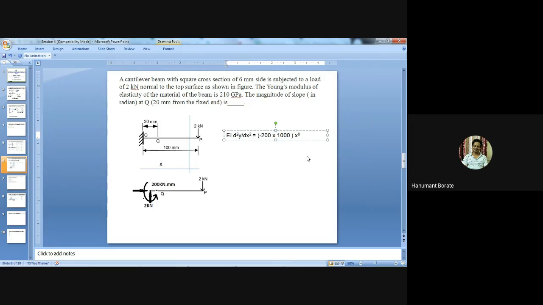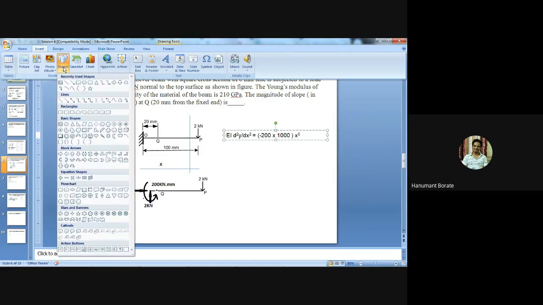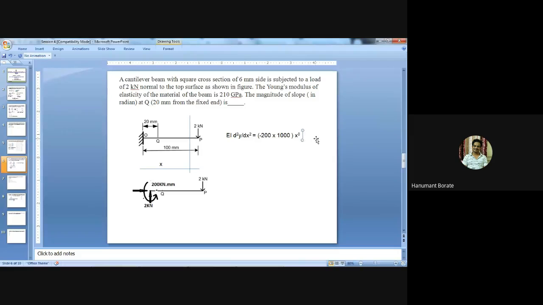Then the next compartment. So I will just draw a vertical line here. Now the moment of this 2 kilonewton force, that is 2000 Newton, about section S is clockwise.